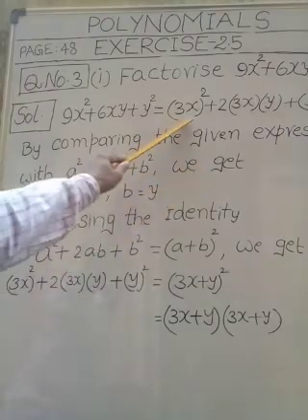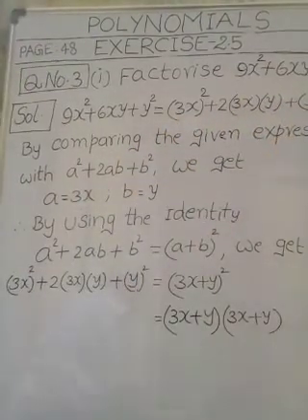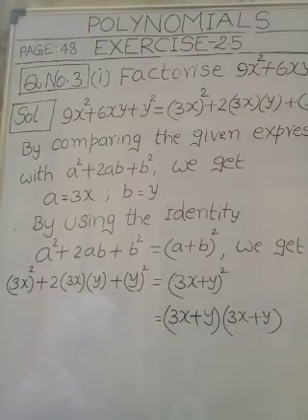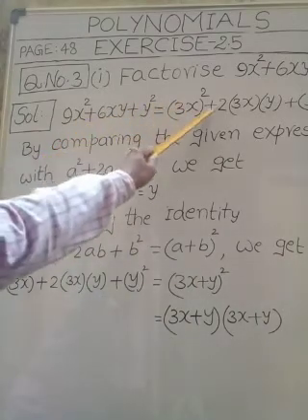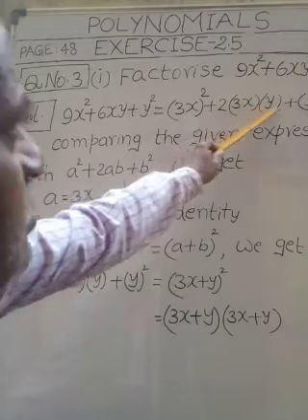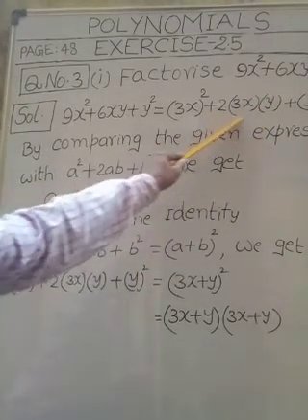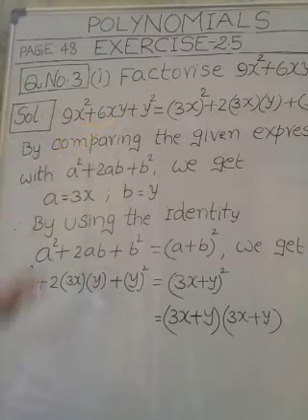So this is a square and this is b square. And in the middle term we can write 2ab. Here plus is there, so plus 2ab, where a means 3x and b means y. If you simplify this middle term, we get 6xy or not?